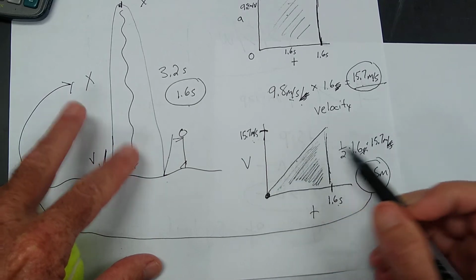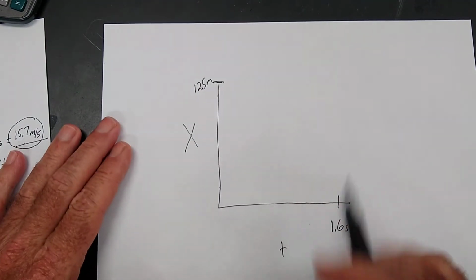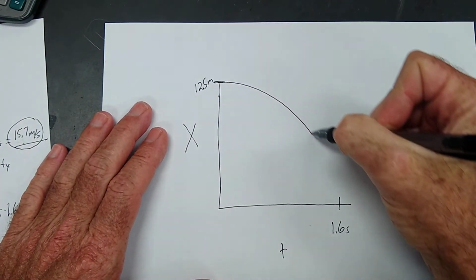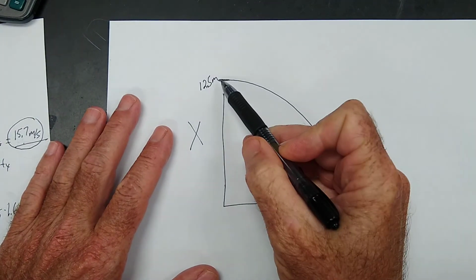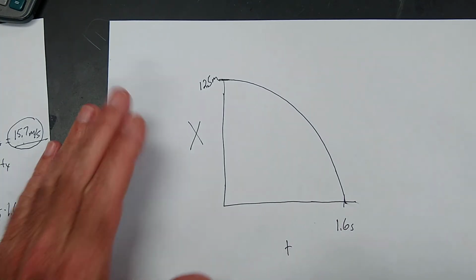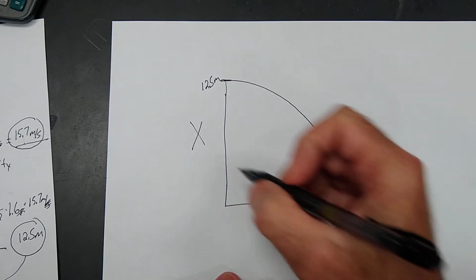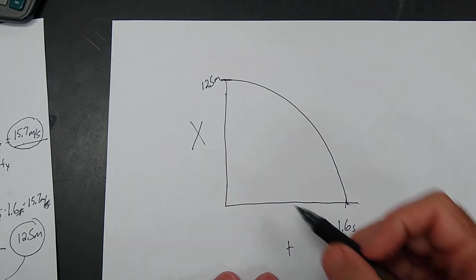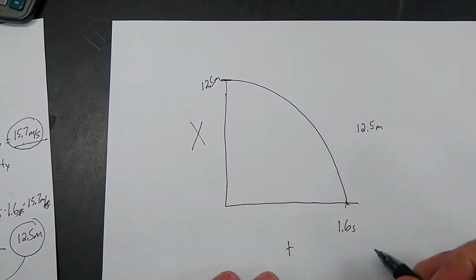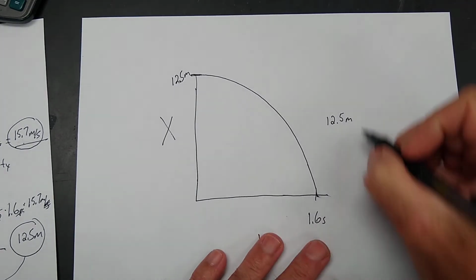A constant increase in velocity, when we change that to a distance over time graph, creates a smooth curve. So this is the tennis ball falling over 1.6 seconds. The total height was 12.5 meters, so it fell 12.5 meters in 1.6 seconds.